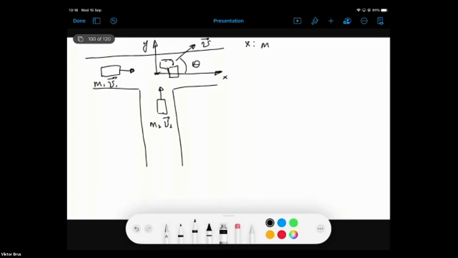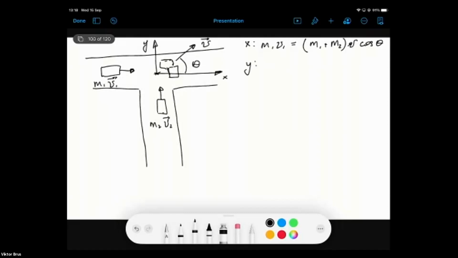So here we can write that m1 times v1 is equal, since it's a perfectly inelastic collision, to the sum of two masses times v, and that should be the projection on axis X, so this will be cosine theta.